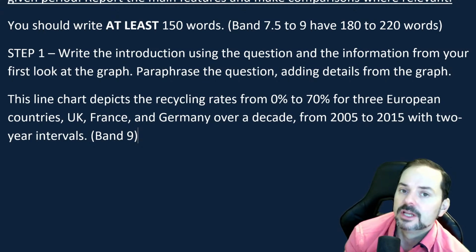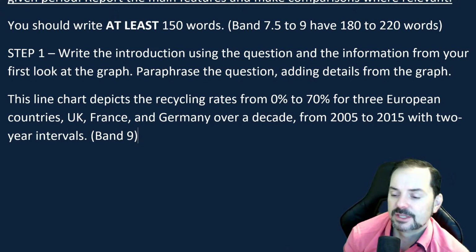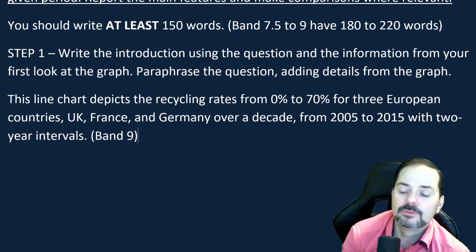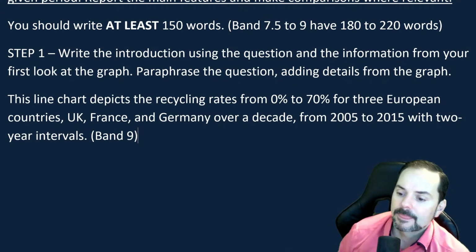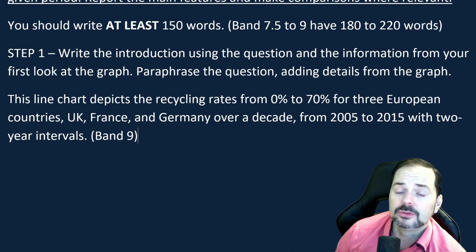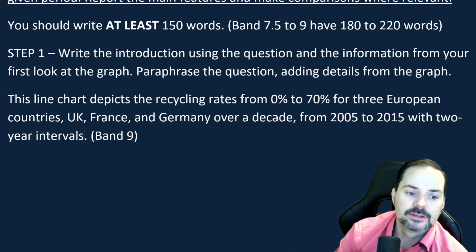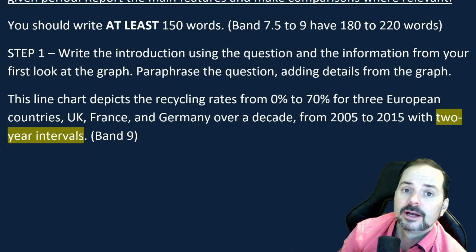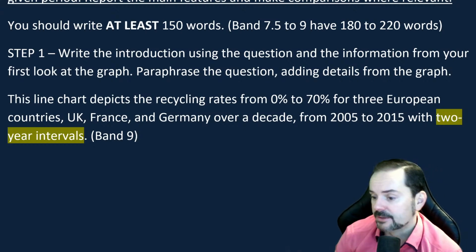You don't need that part. So it's not like the task 2 paraphrasing, okay? In this task 1, we're just paraphrasing the facts about the graph with more detail, okay? All right? You can give that piece the 2-year interval, okay? That's really smart. So this kind of vocabulary and analysis is fantastic for band 8-9, okay?